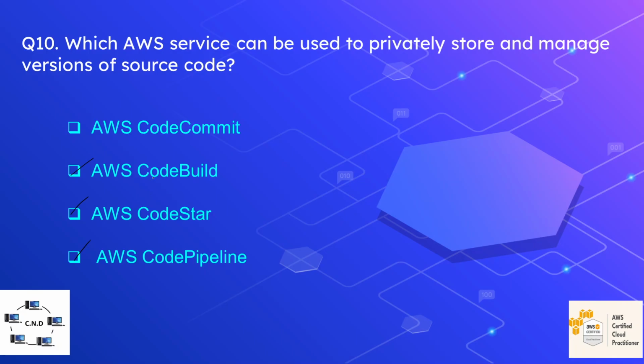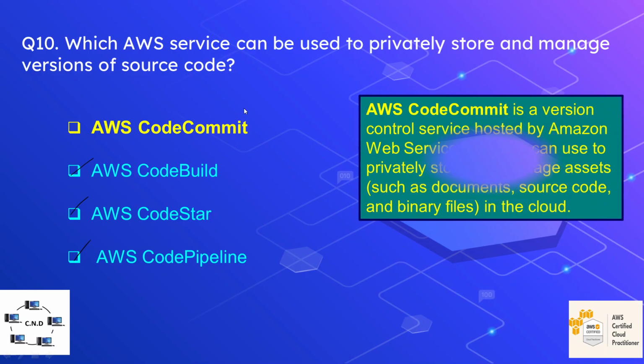And the correct option is AWS CodeCommit. So AWS CodeCommit can be used to privately store and manage versions of your code. CodeCommit is a version control service hosted by Amazon Web Services that you can use to privately store and manage assets such as documents, source code, and binary files in the cloud.